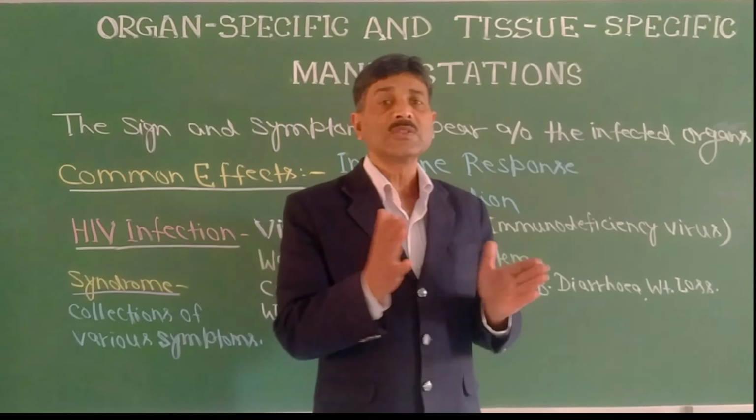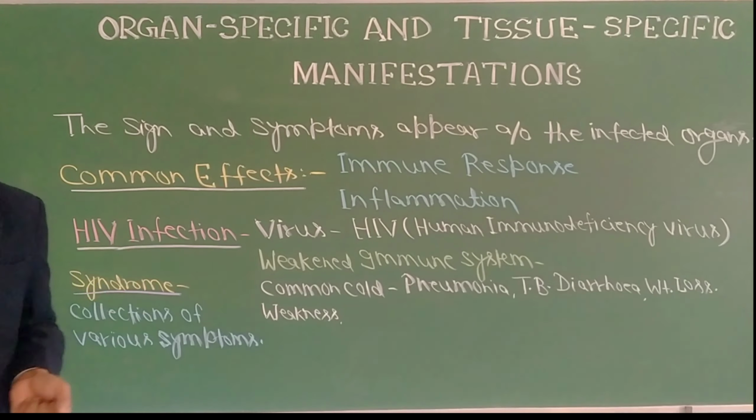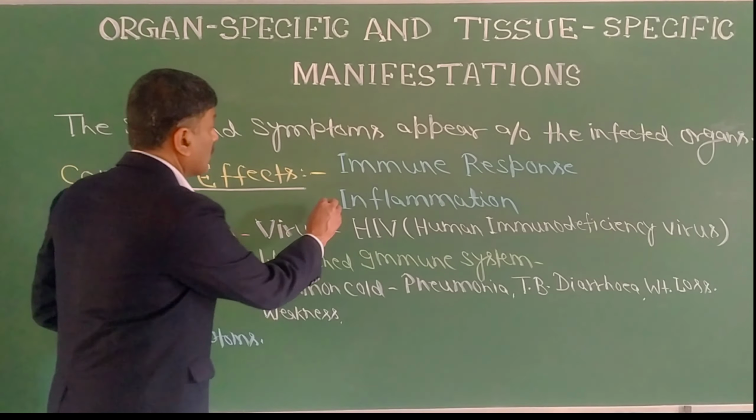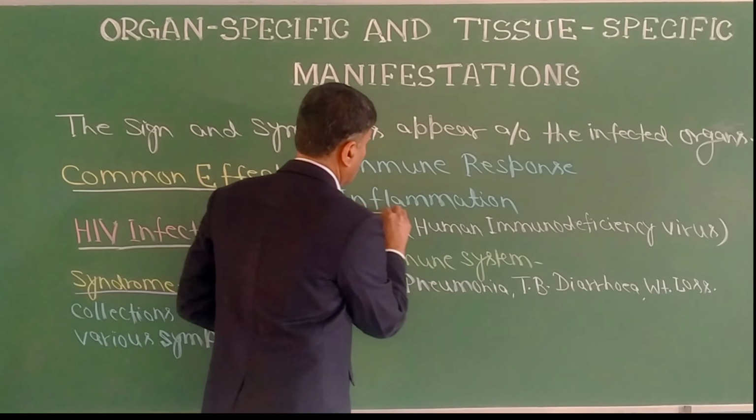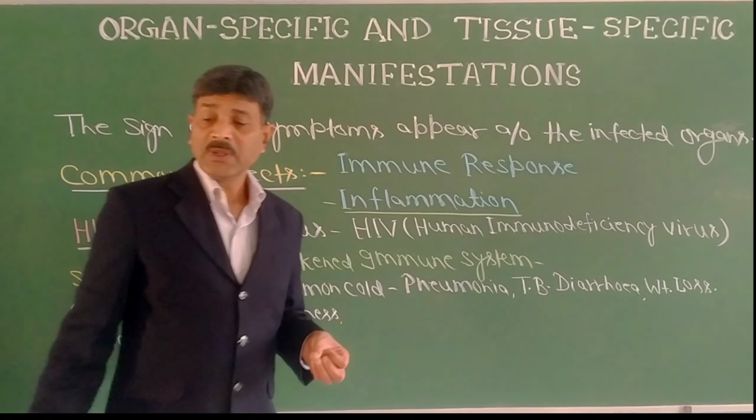On the other hand, if the number of pathogens entering our body is much more, then what will happen? Then our immune system will be defeated by the pathogen and we will become sick, we will become weak.